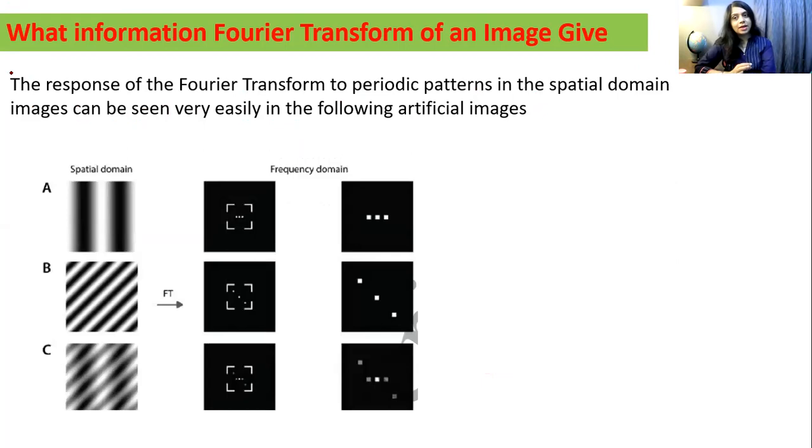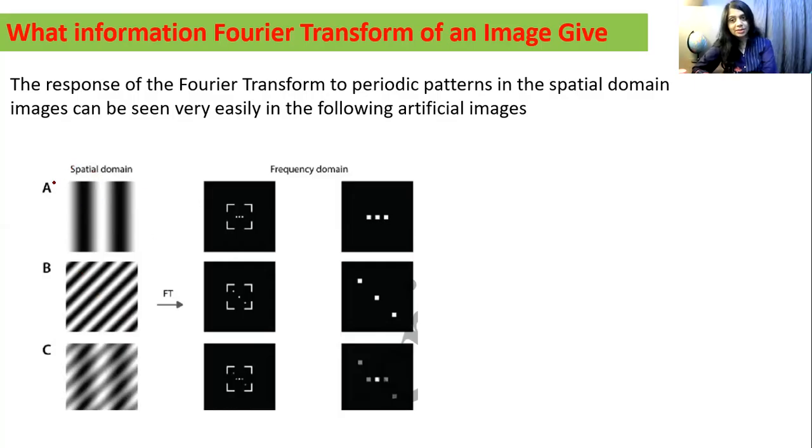Or what exactly does Fourier transform interpret? Fourier transform gives us the variations in black and white patterns. How many variations are there in a particular path, in a particular direction, in black and white patterns.